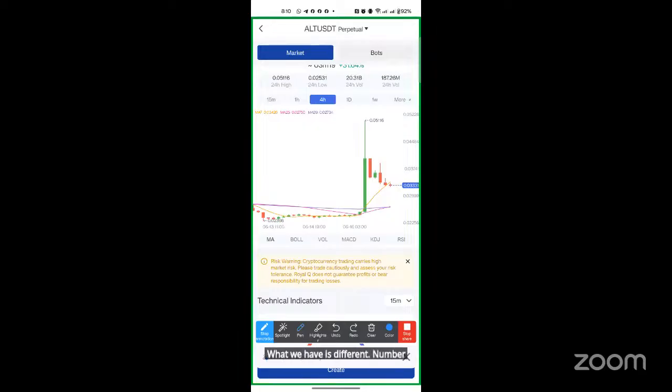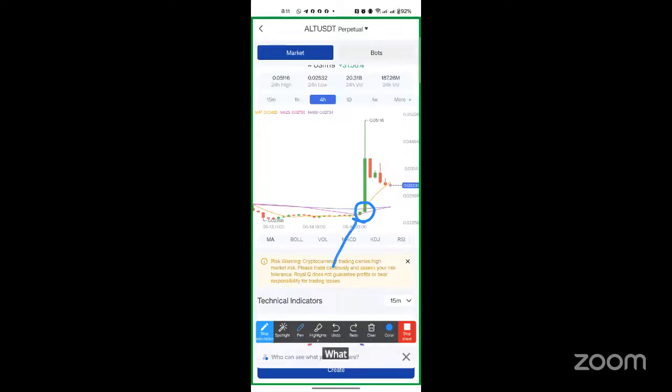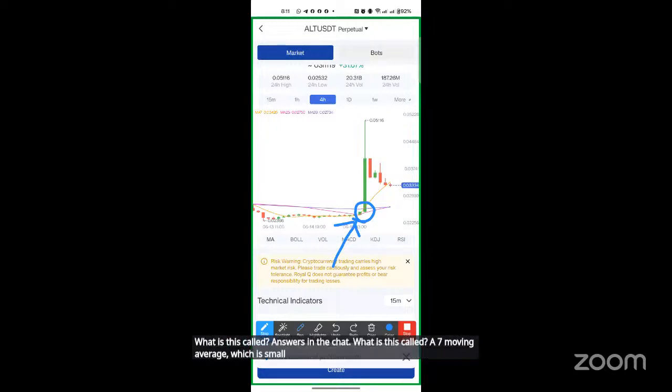Number one, we had this, where a 7 moving average crossed a 99 moving average. What is this called? Answers in the chat. A 7 moving average, which is small, crossed a big moving average of 99. It's called a golden cross. Thank you. Now you are good students.